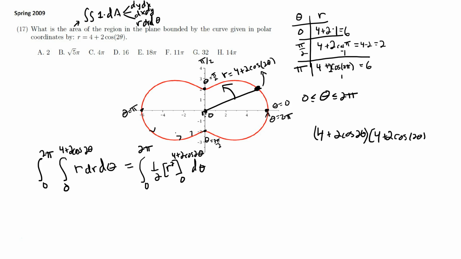Upon doing that, let's pull the half all the way out, and we're going to have 16. We'll have 8 of those cosine 2 thetas, another 8, so 16 of those cosine 2 thetas, and then 4 of the cosine squared of twice theta.